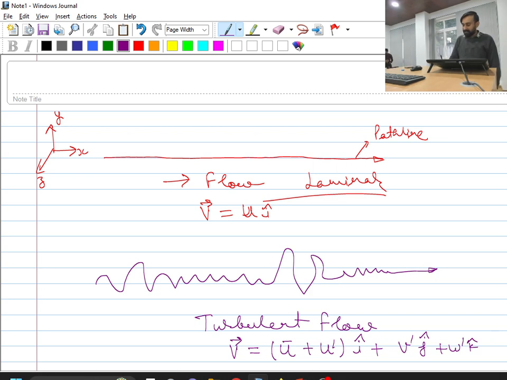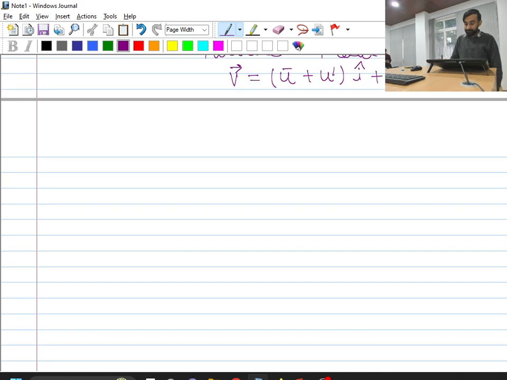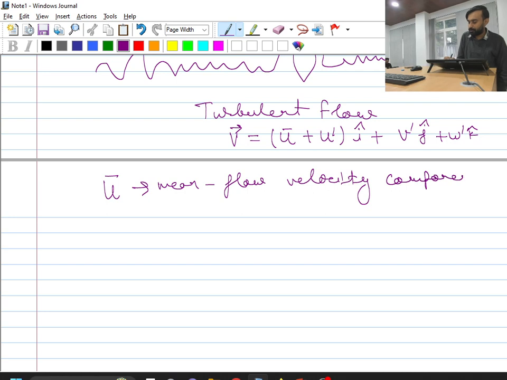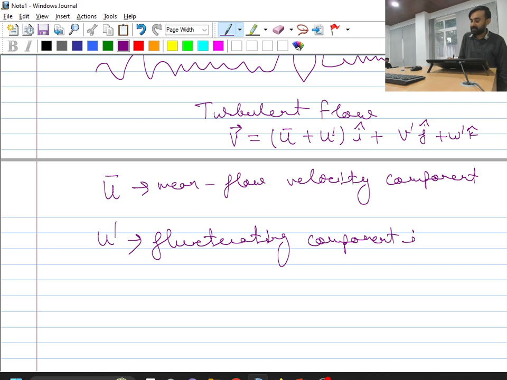Here u bar represents the mean flow velocity component, and u dash is the fluctuating component in the x direction.